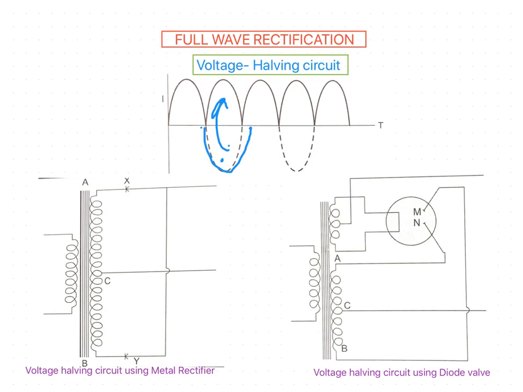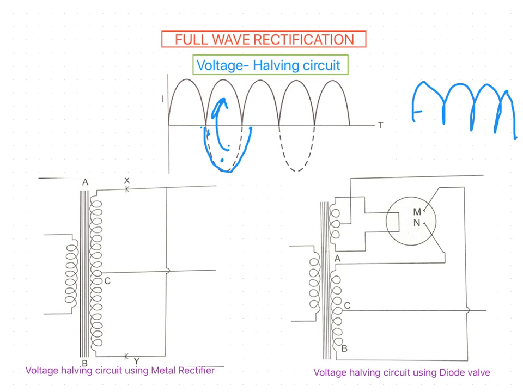The graph obtained in full wave rectification is unidirectional and pulsating, but, very important, it is an uninterrupted flow of current. For that reason you can see continuous waves in one direction, that is, unidirectional.